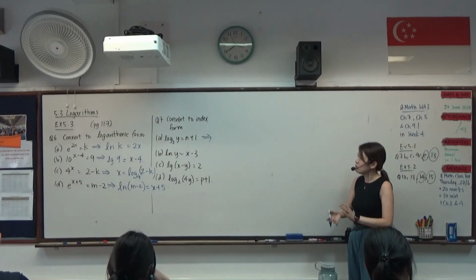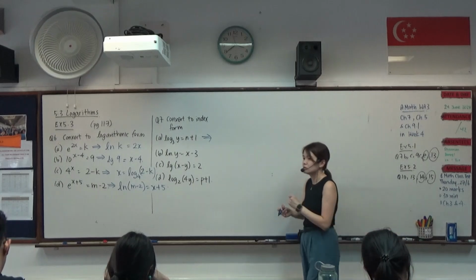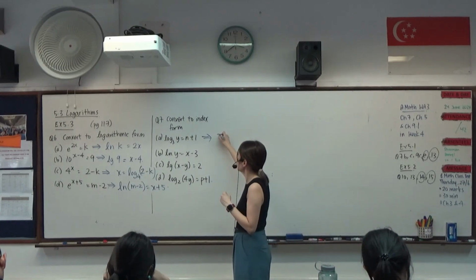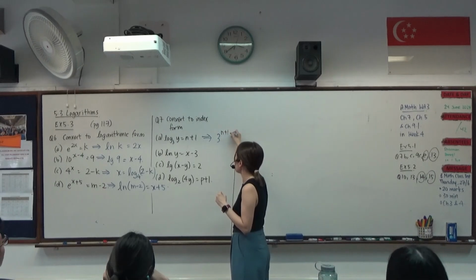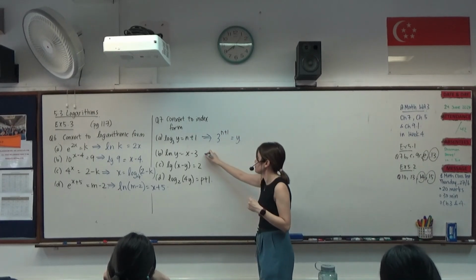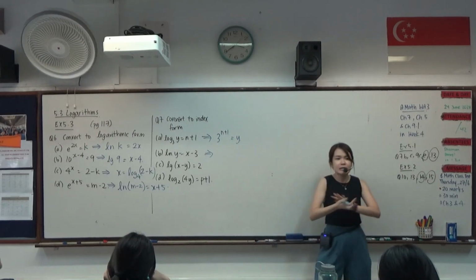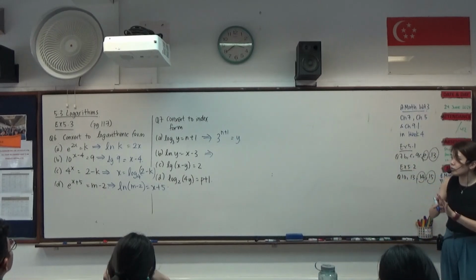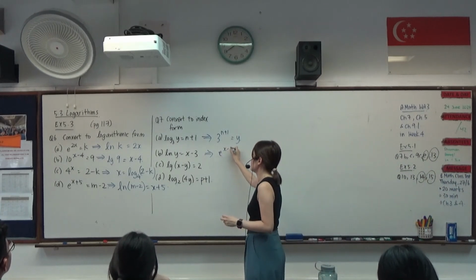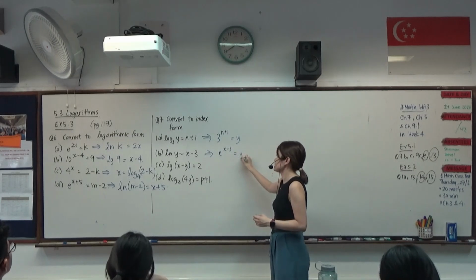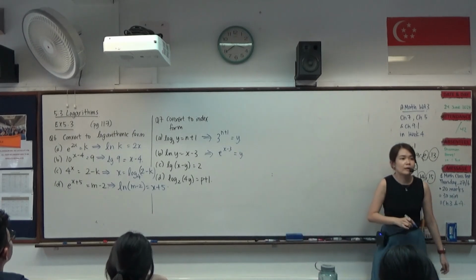Isaac Yuan, can you tell me what you get? 3 to the power of something equals 1. Great. And then part B, Melody, can you tell me what you get? e to the power x minus 3 equals 1. Yes. e to the power x minus 3 equals 1.